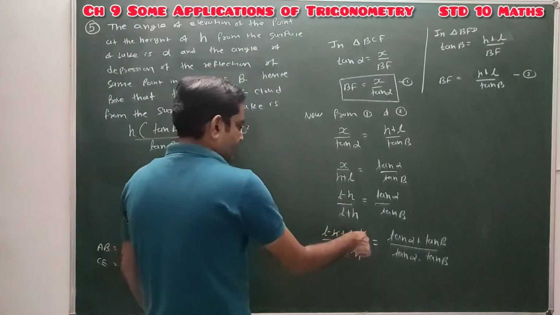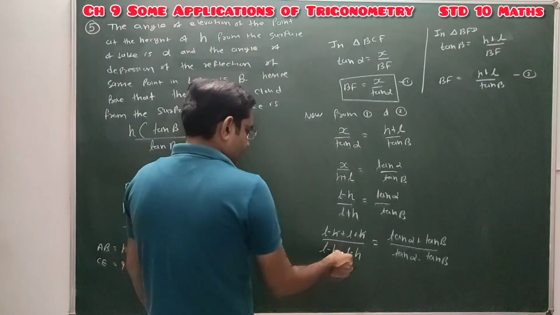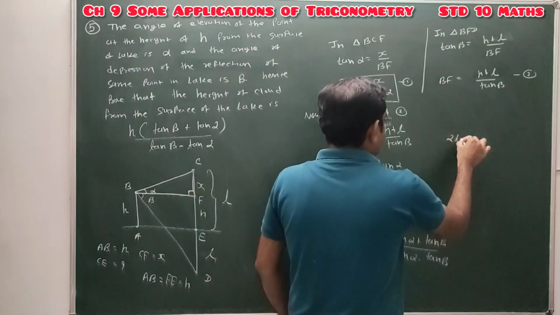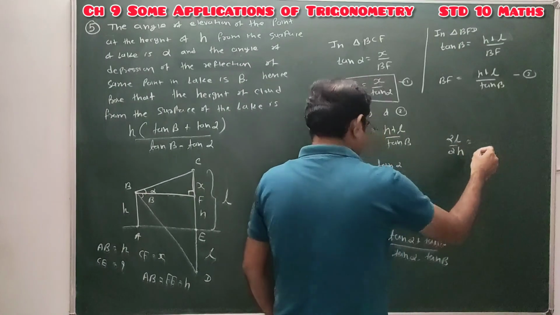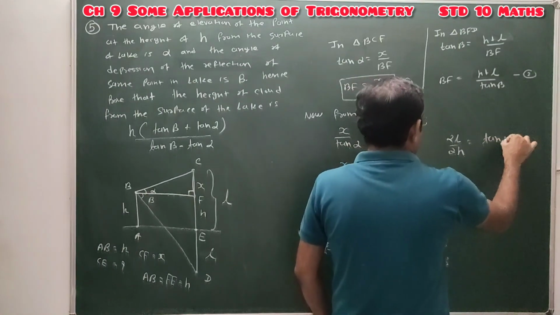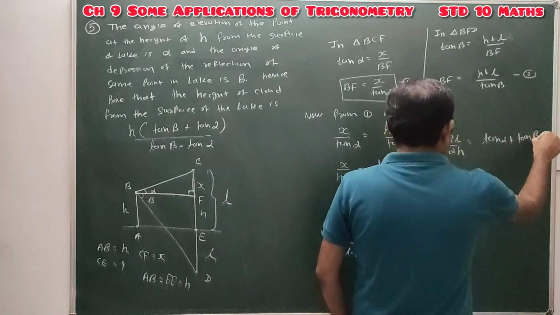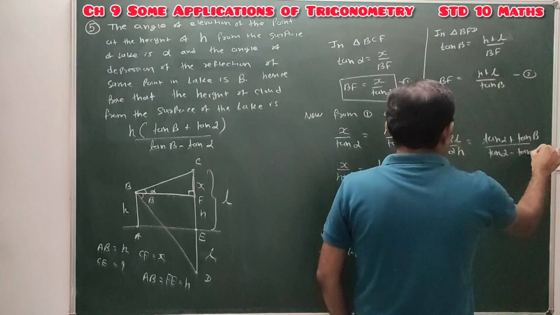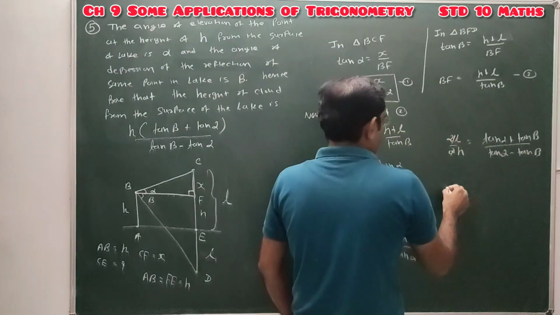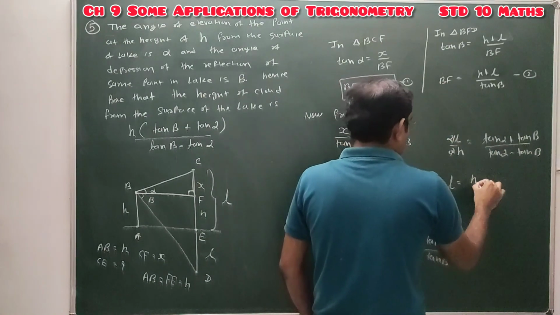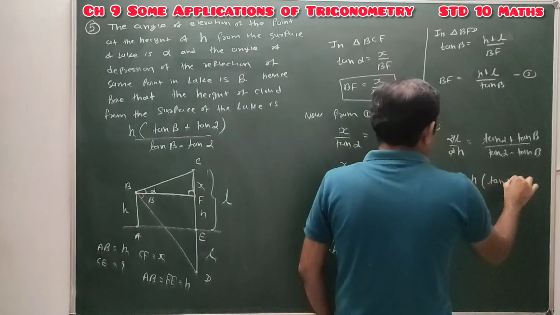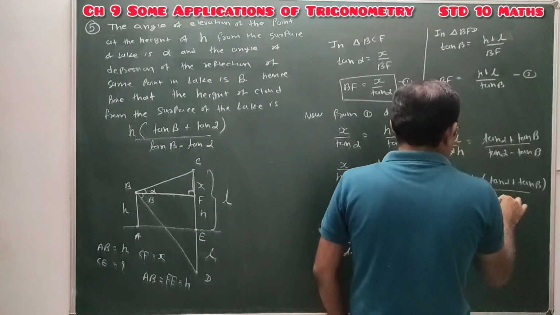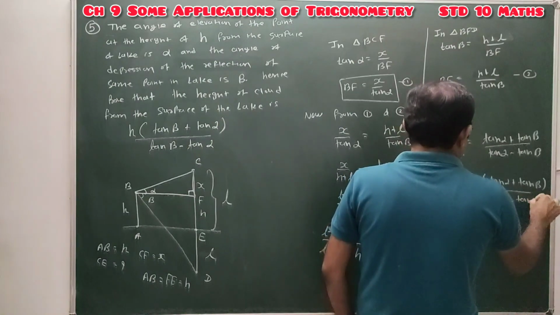Here plus h cancels, and plus L minus L cancels. So it is 2L by 2h equal to tan alpha plus tan beta upon tan alpha minus tan beta. 2 cancels. So L, that is the height of the cloud, is equal to h times tan alpha plus tan beta upon tan alpha minus tan beta.